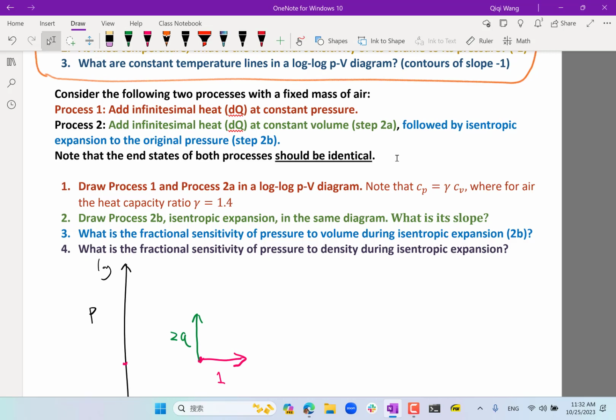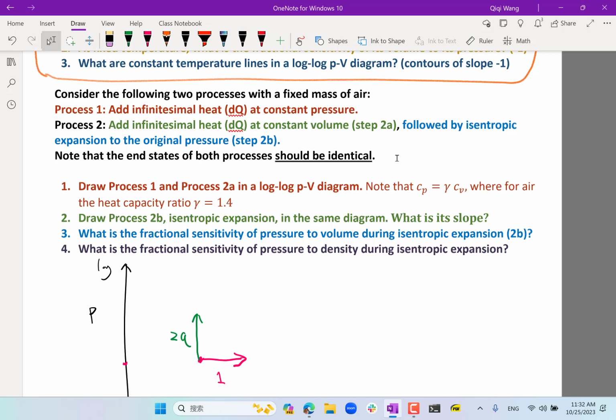Means you need to add more heat to get the same temperature rise, which means that for the same addition of heat, you get less temperature rise at constant pressure, right? So that's why at constant pressure, you get less temperature rise.